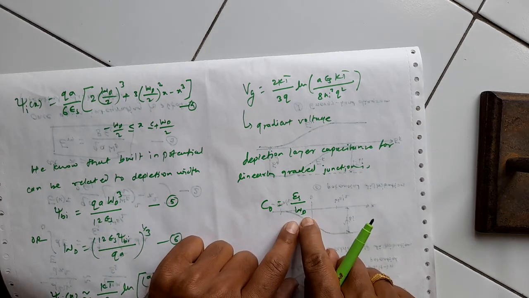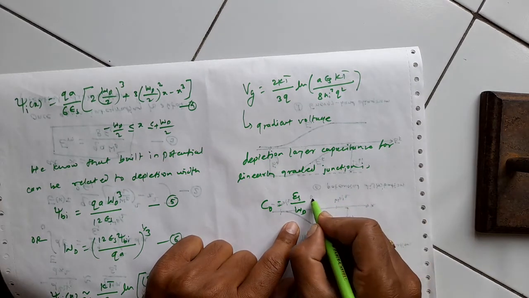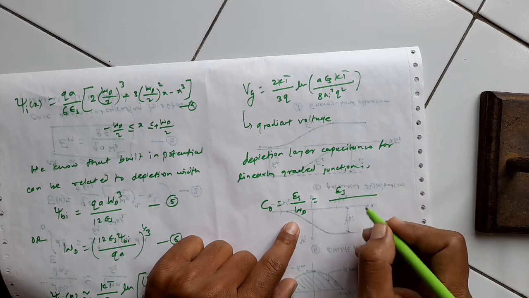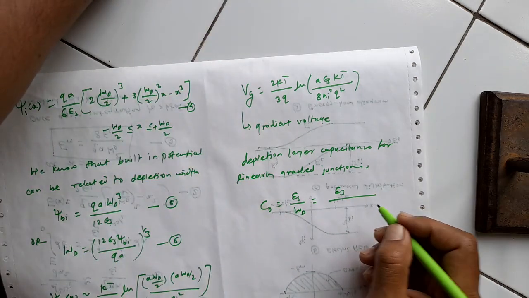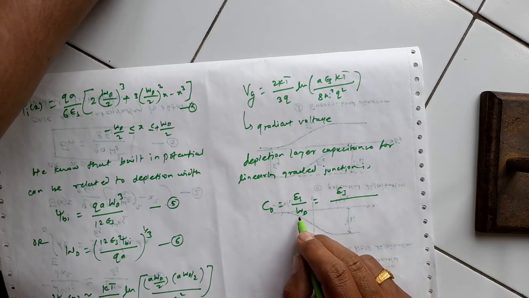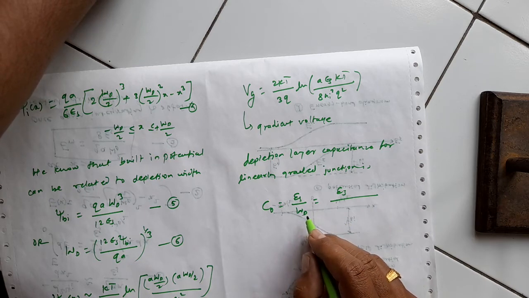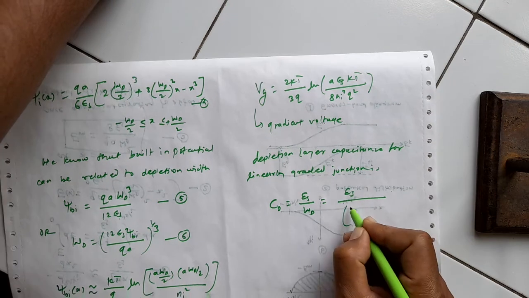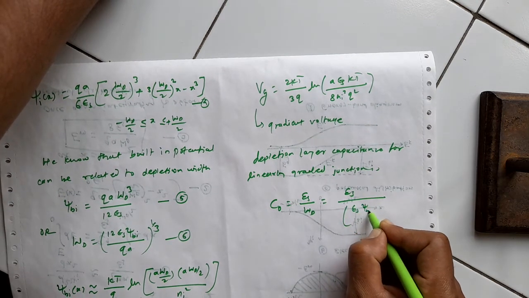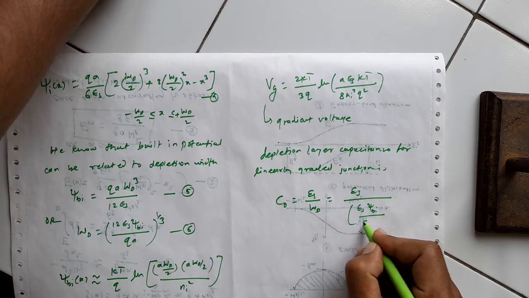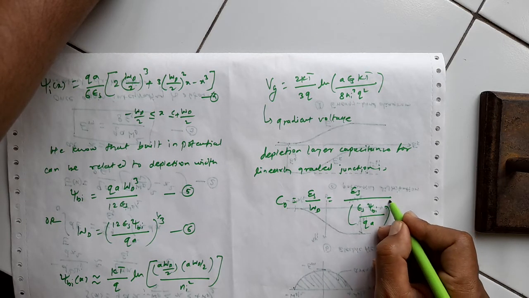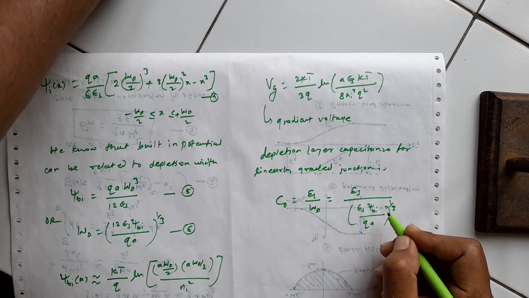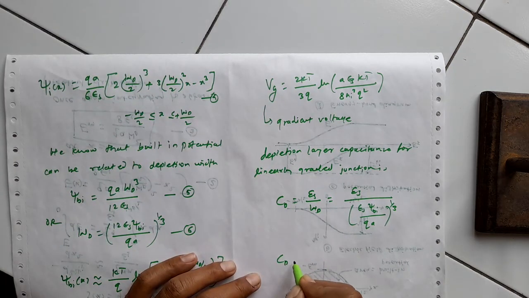Let us substitute the value of W d, rewriting the equation for W d as epsilon s psi b I upon q a, and substitute the value of psi b I and solve for C d.